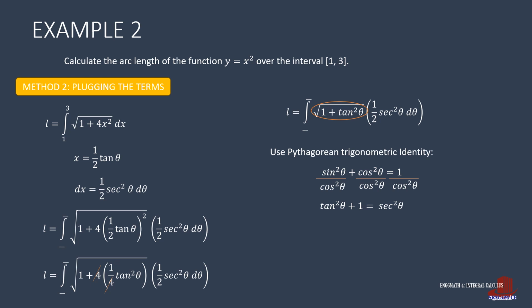So we can convert the binomial inside the radical into a single trigonometric function, secant squared of theta. Then we take the square root to have simply secant theta. So the function becomes 1/2 of the integral of secant theta times secant squared theta d theta. Combine the secant functions to shorten the equation into 1/2 of the integral of secant cube theta d theta.